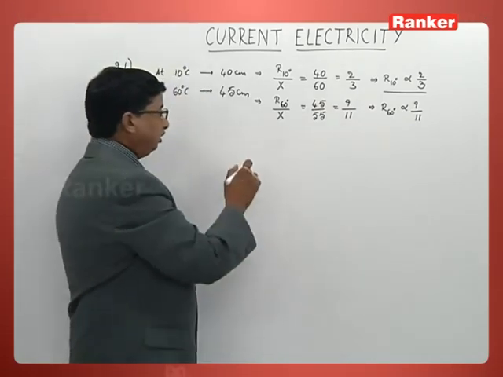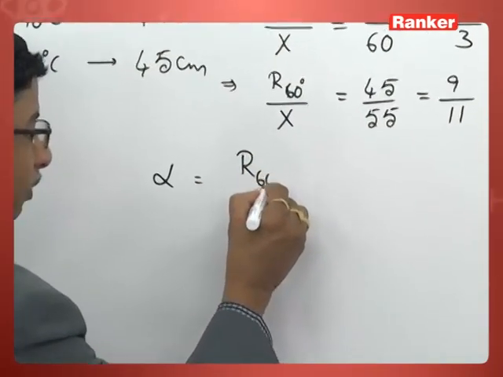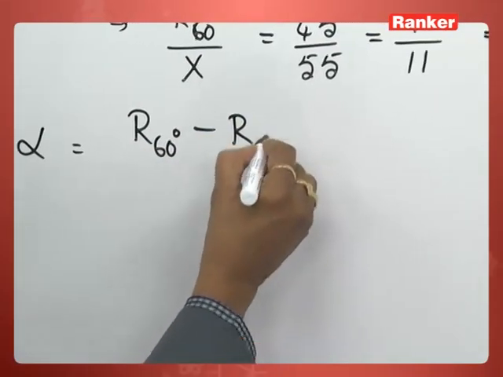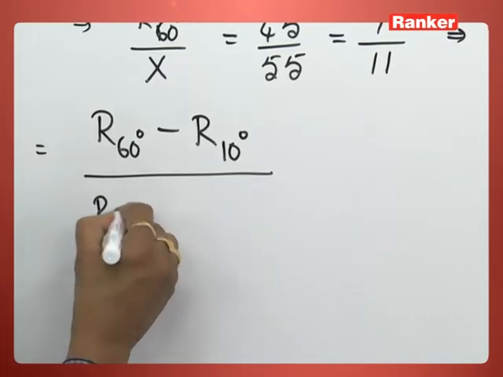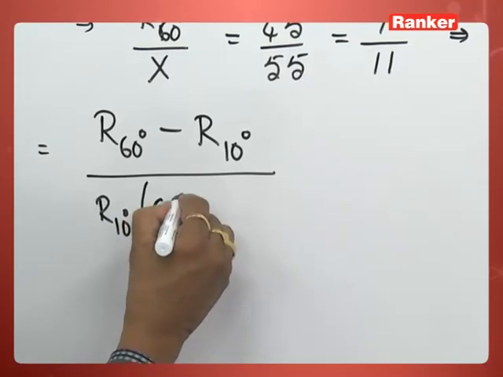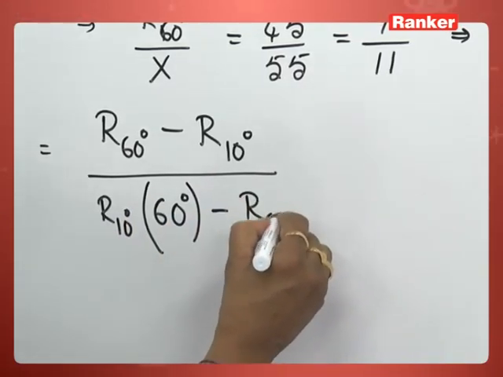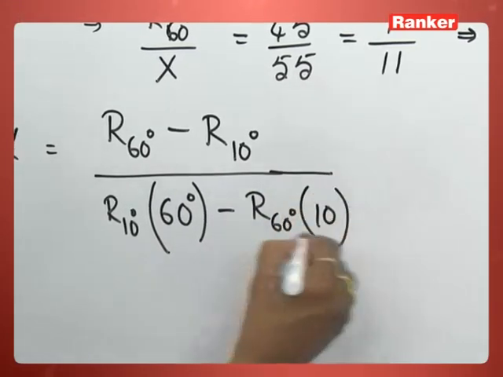So alpha is equal to R at 60 minus R at 10, divided by R at 10 into T2, where T2 is 60 degrees, minus R at 60 into T1, which is 10.